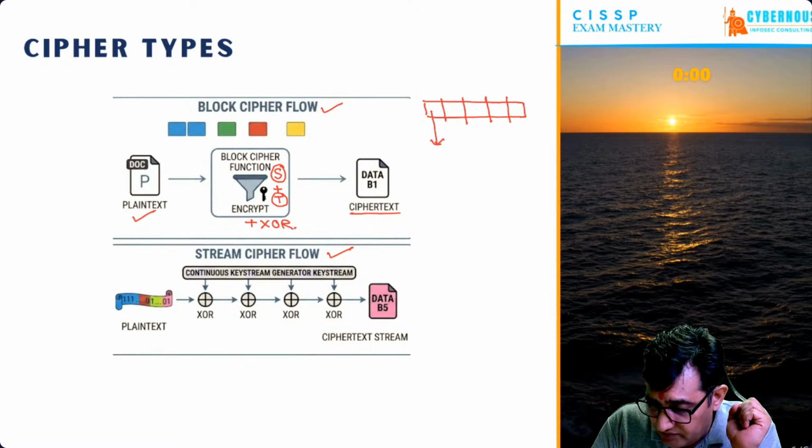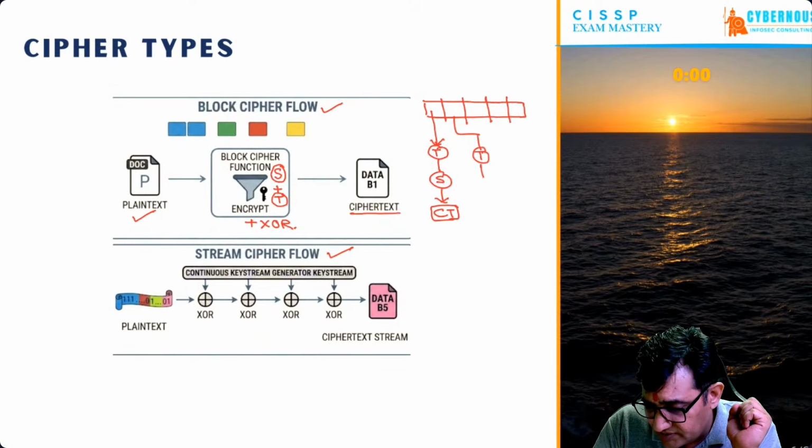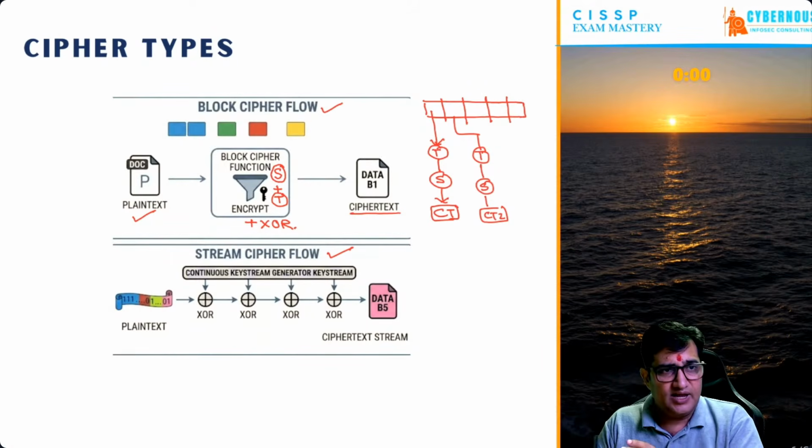So block number one will go with transposition, then substitution, and it is going to give you ciphertext number one. Then the second block will also go through the same process, transposition, substitution, and then it will give you ciphertext number two, like this. And then these are assembled there.